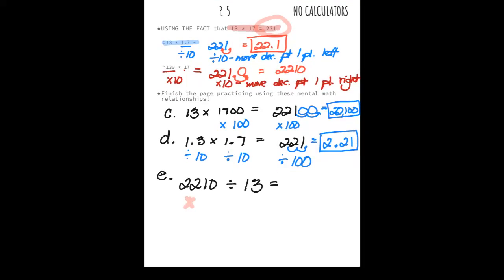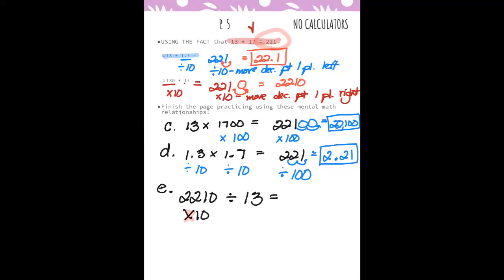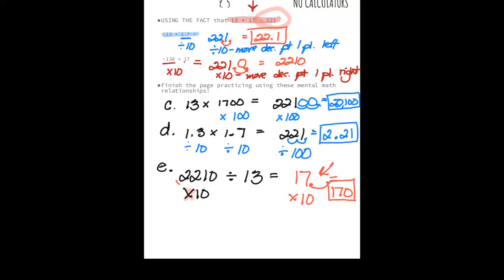They multiplied by 10 and divided by 13. That's the same. I know my answer is going to have a 1 and a 7. So if I took the answer and multiplied by 10, what's going to happen to this answer? It's also going to be multiplied by 10. So there's your decimal point. Multiply by 10. That becomes 170. Okay, 170.